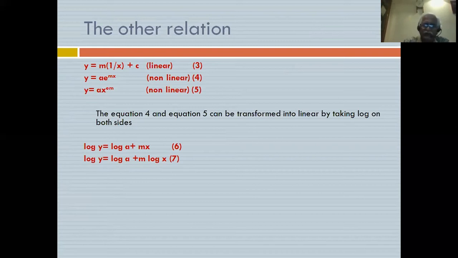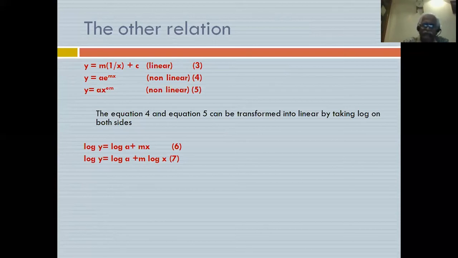Now what is happening if there is a non-linear equation? Let us see equation number 4. If we take the log, log y equal to log a plus mx. Here log e is equal to 1, and log a is coming with a plus because there is a multiplication. So the non-linear equation is transformed to a linear equation with the help of the logarithm.